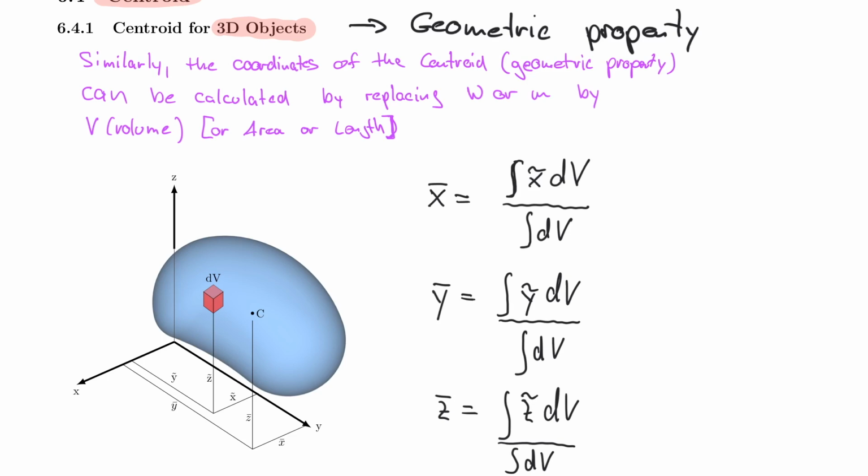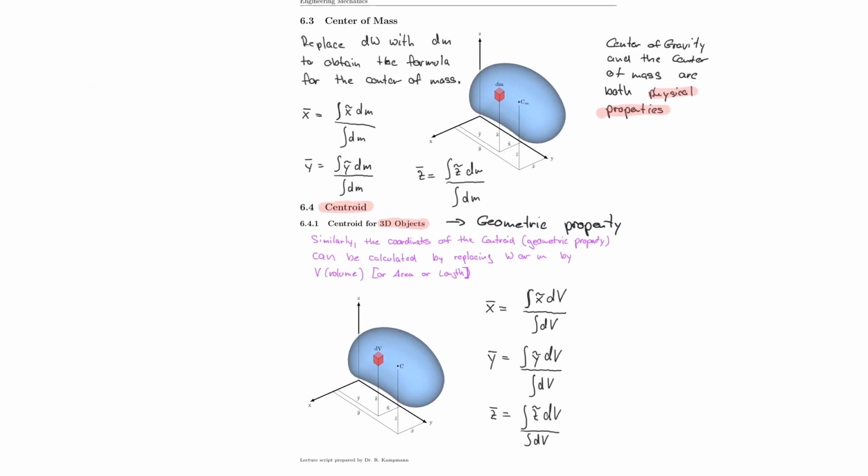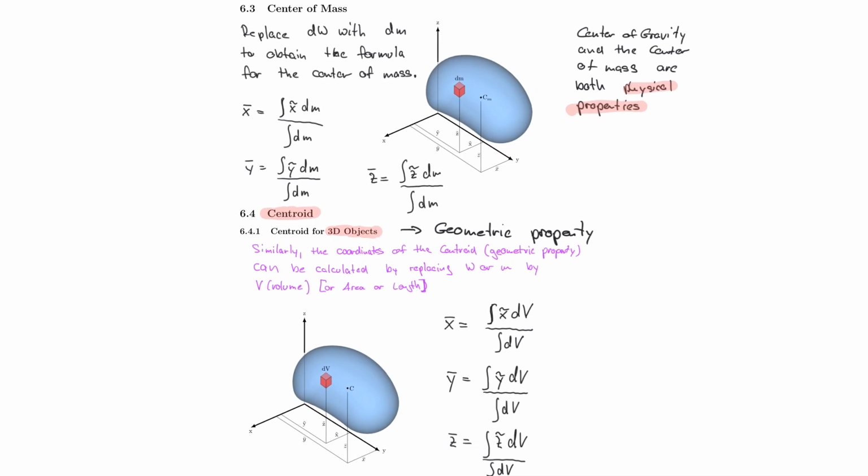And so now I can clearly differentiate between the two physical properties, which are the center of gravity and the center of mass. We derived the center of gravity at very long length, and we then quickly moved it to the center of mass because it was just a rearranging of the formula. And then we moved to a geometric property, which is only dependent on the actual shape of the potato and has nothing to do with what it's made from.